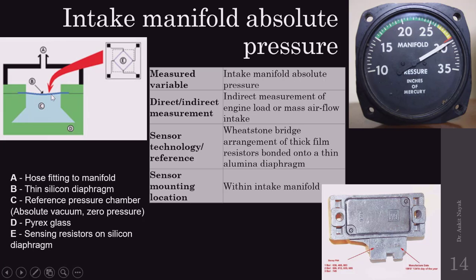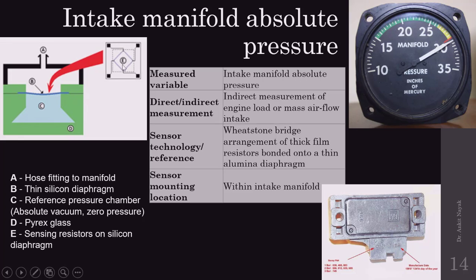With respect to its deflection, there will be some changes in the resistance, because there will be some elements which will change their resistance according to the deflection in this film.